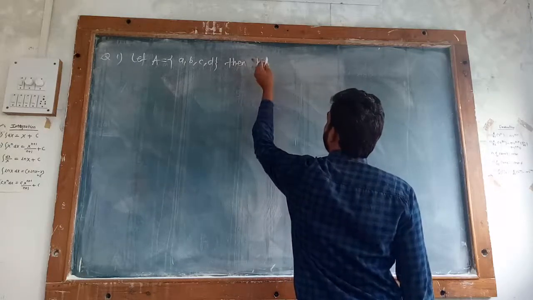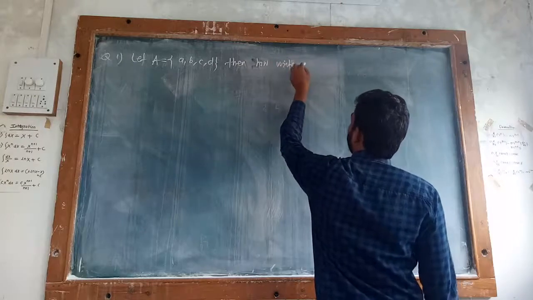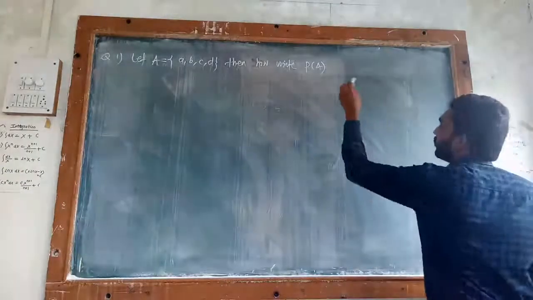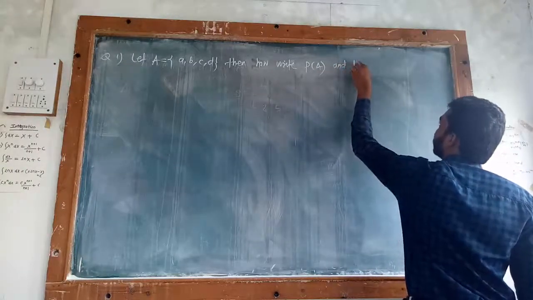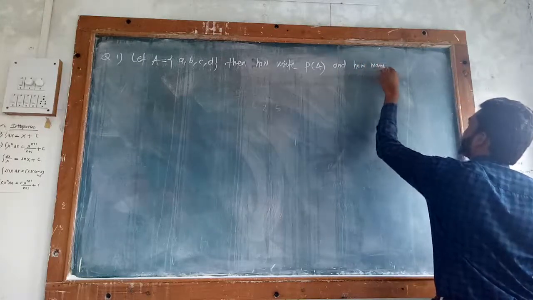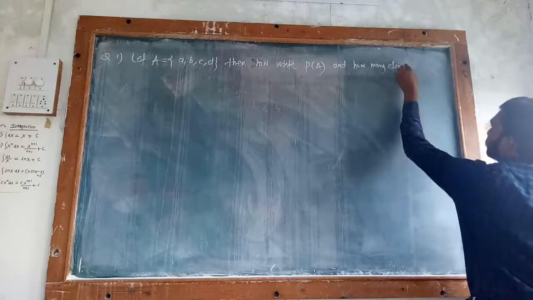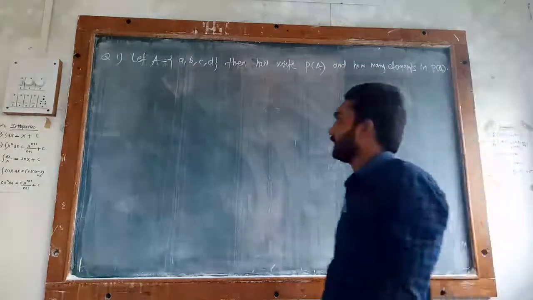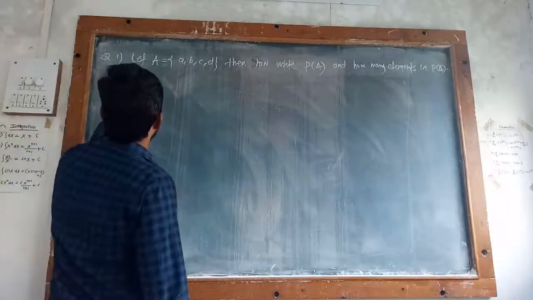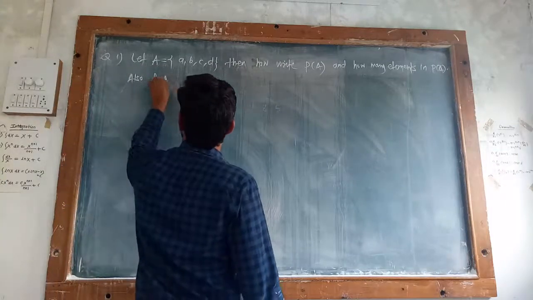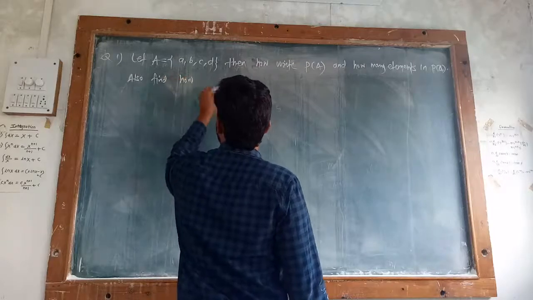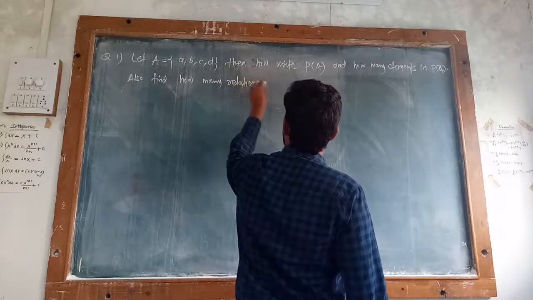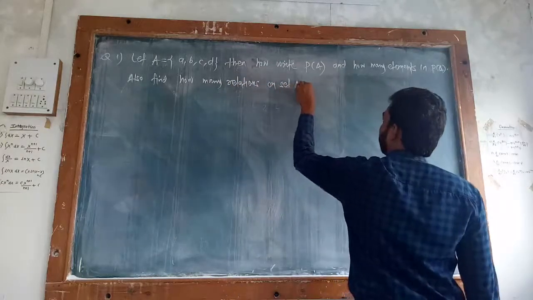Then write the power set of A and how many elements are in the power set of A. Also find how many relations are on set capital A.